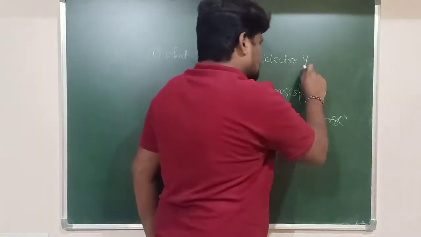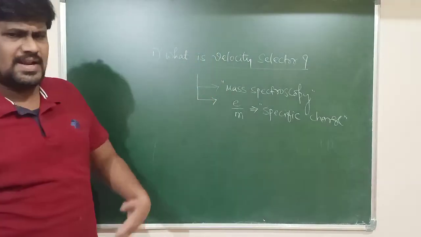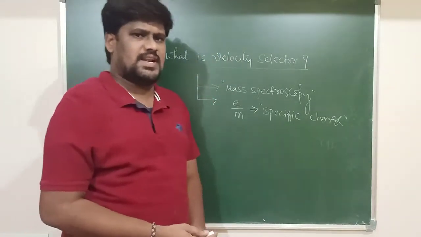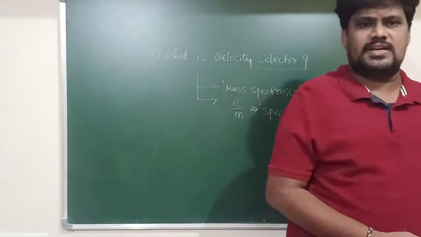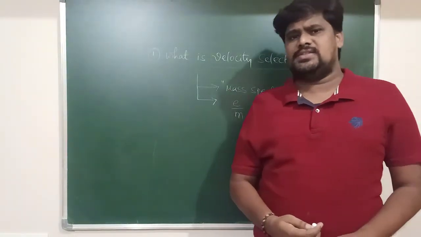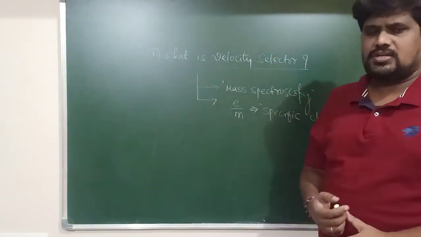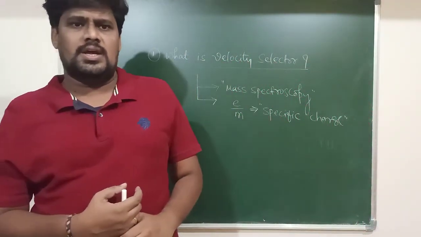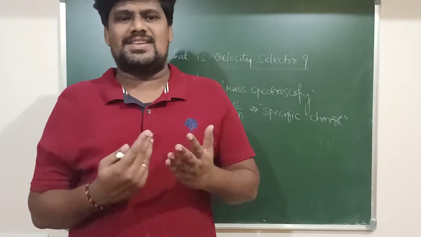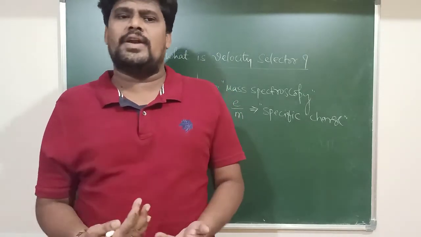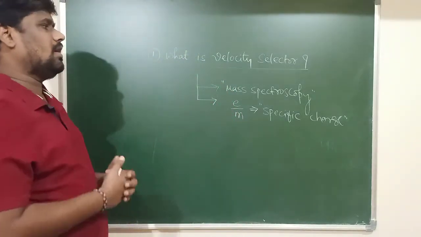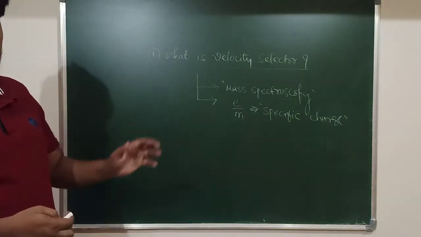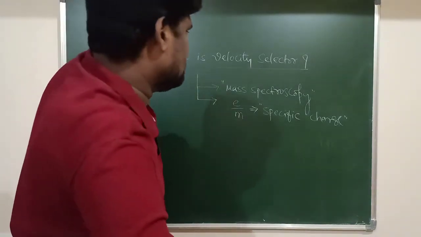So first you focus on the definition of the velocity selector. What is velocity selector here? It is a device used to select charged particles of particular velocity out of charged particles of different velocity. That particular device we will call a velocity selector here.